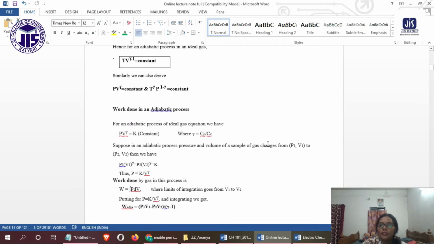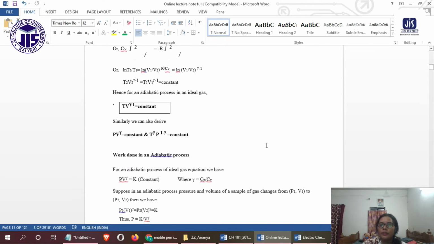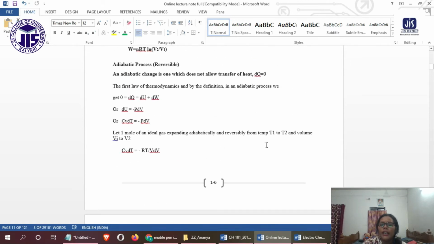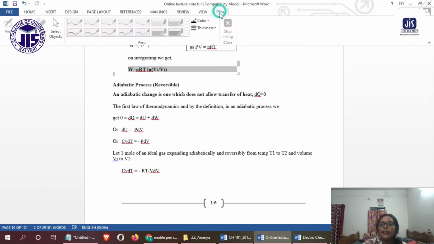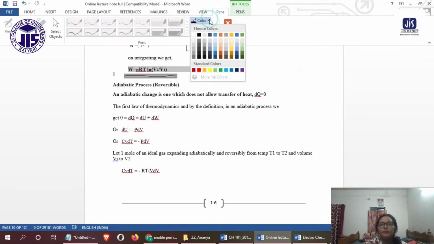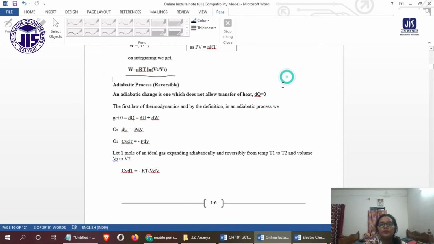The work done for the isothermal process is W equals nRT ln V2 by V1. This is the work done for the isothermal reversible process.